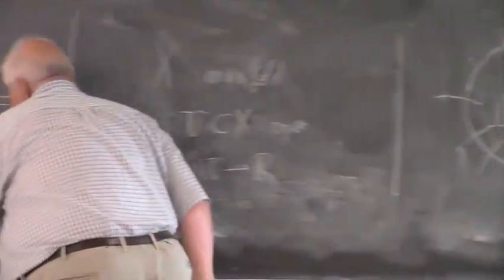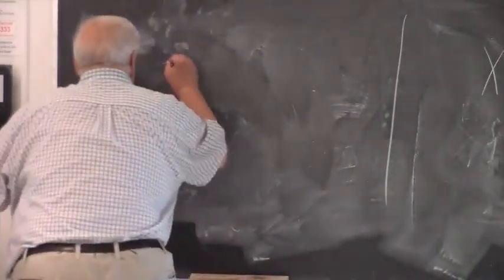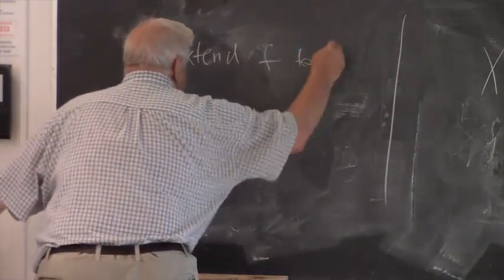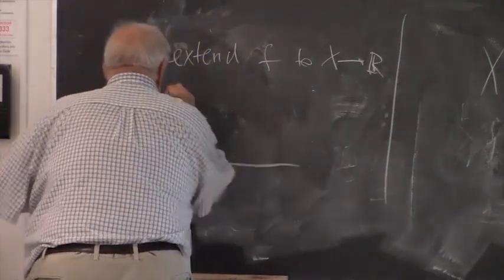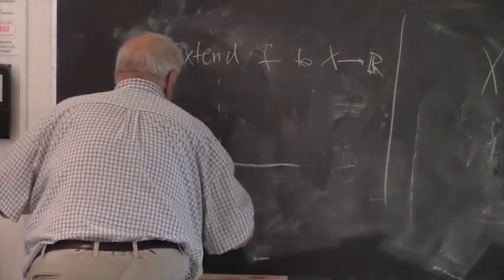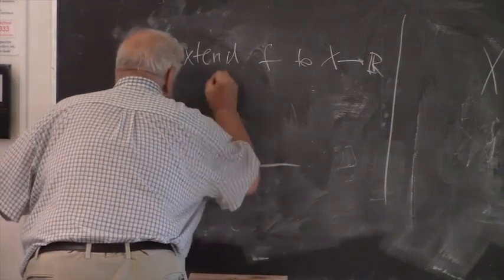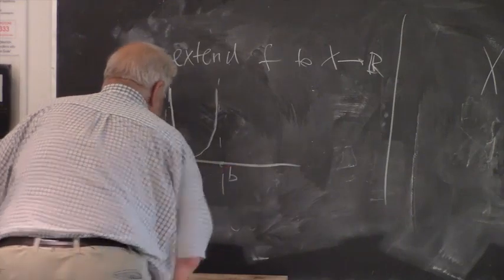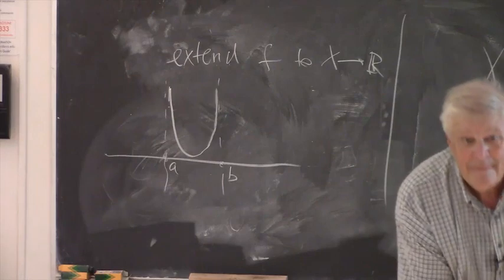So I want to extend f to a function, also smooth, given on X. Imagine that you have a function with the graph. This is A, this is B, and the function is given on the interval AB.